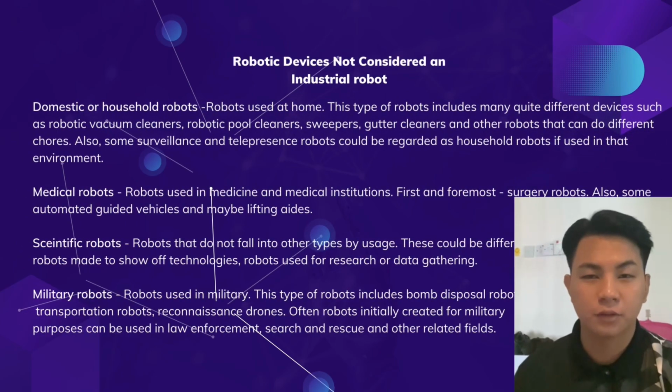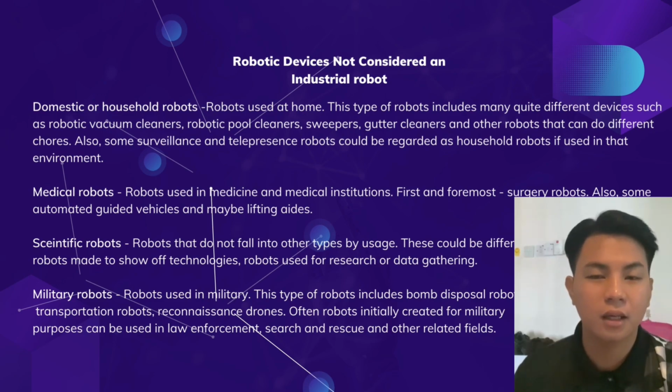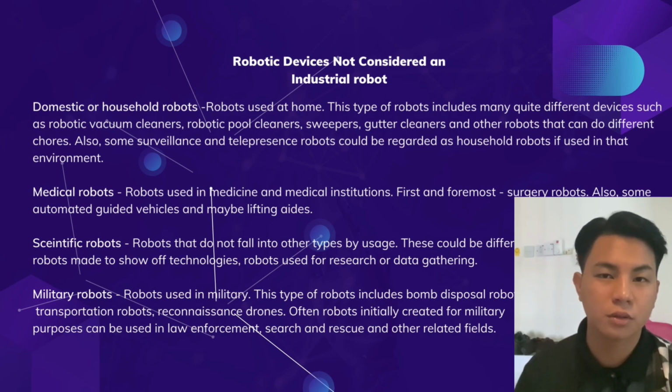I will talk about 4 robotic devices not considered industrial robots. First, domestic or household robots. Robots used at home.